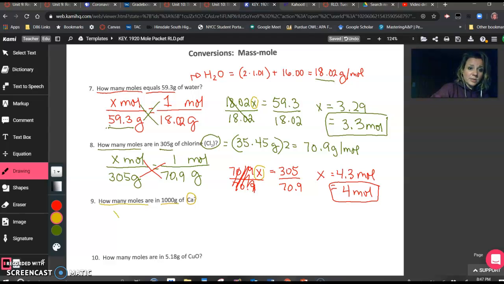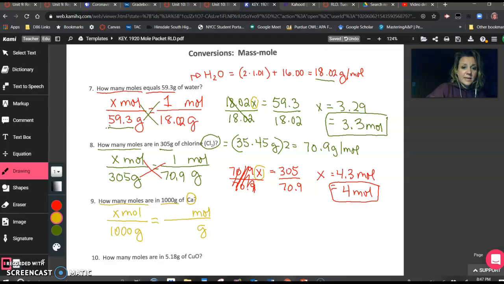So I'm going to put an x mole on top on the left, and I'm going to equate that to 1,000 grams on the bottom. And that means I'm going to have mole on top, grams on the bottom.